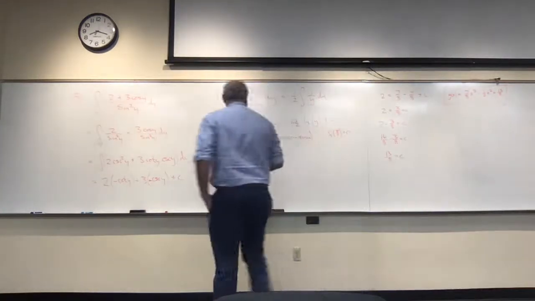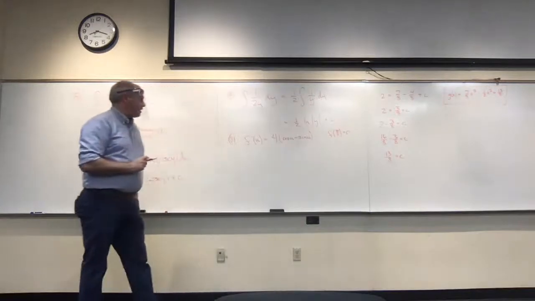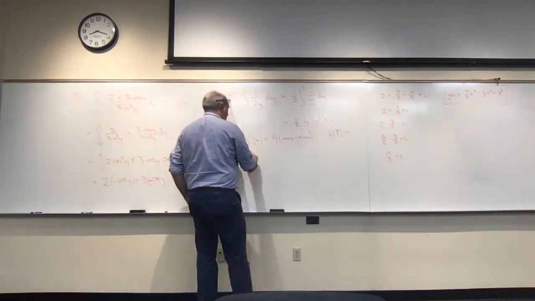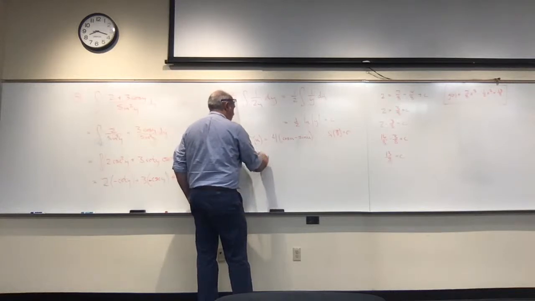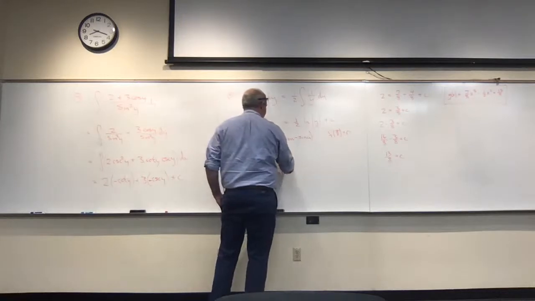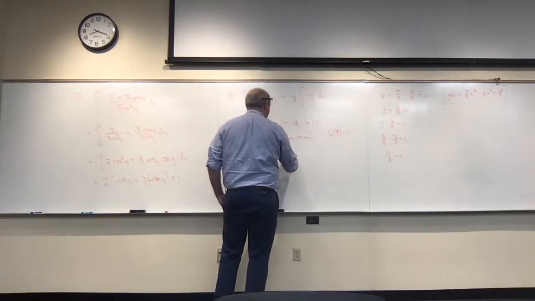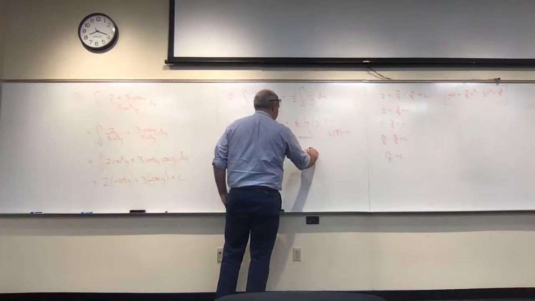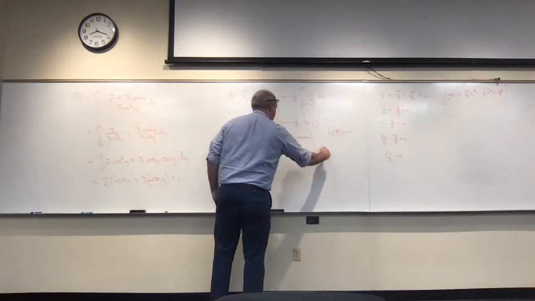All right. So first of all, let's take an antiderivative. If we want f of u, then that's going to be the antiderivative of 4 cosine u minus sine u du.